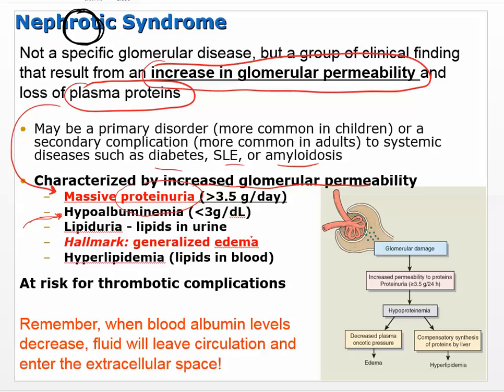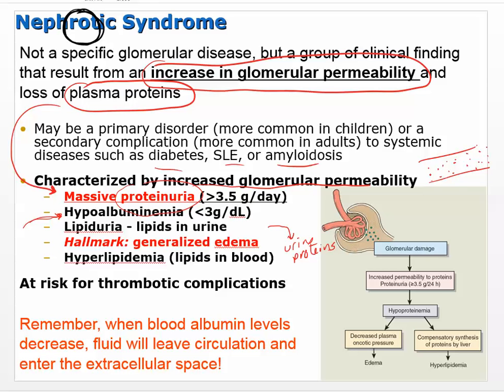And again, that concept that I want to make sure you understand: if the proteins are leaving in the urine, then they are not in the blood. That's the concept I really want you to get, is that this albumin is affecting the osmotic capacity of your blood.